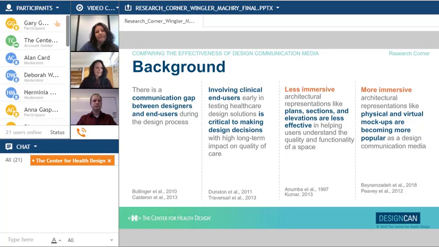What we began to understand as we started looking in the literature, first of all, is that it is confirmed that there is a communication gap between designers and clinical end users during the design process.